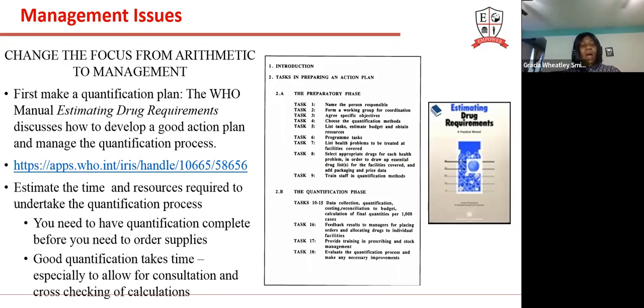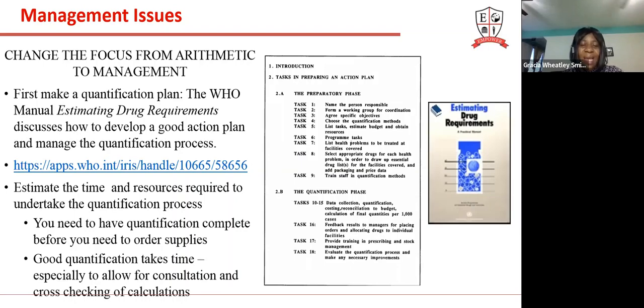So how do we do that? We first make a quantification plan. The WHO Manual on Estimating Drug Requirements has how to develop a good action plan and how to manage the quantification process.